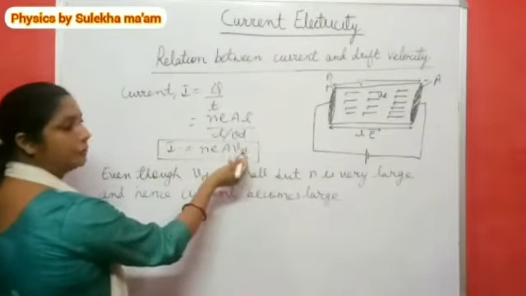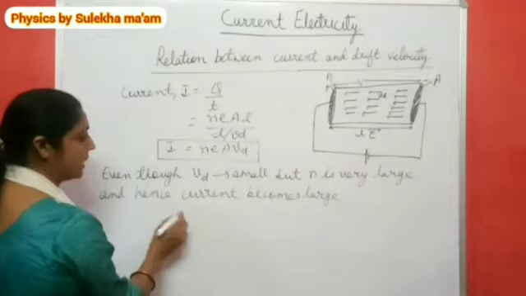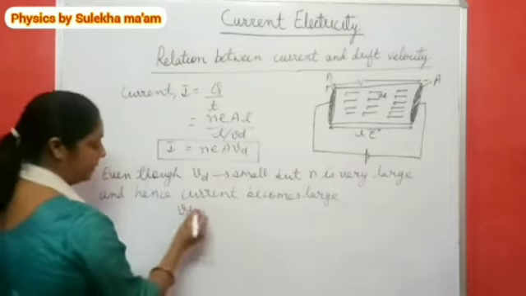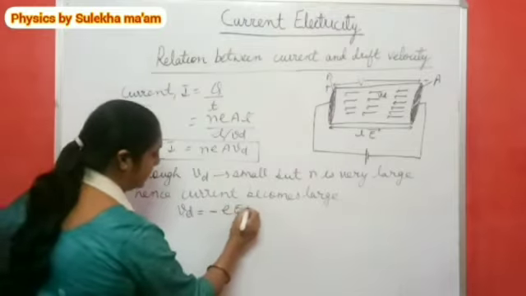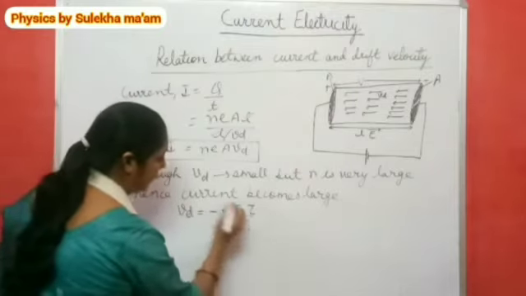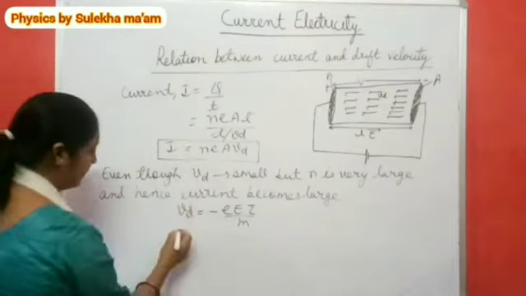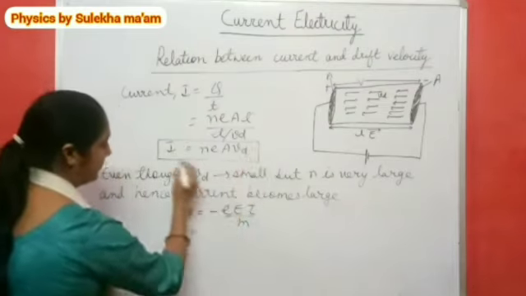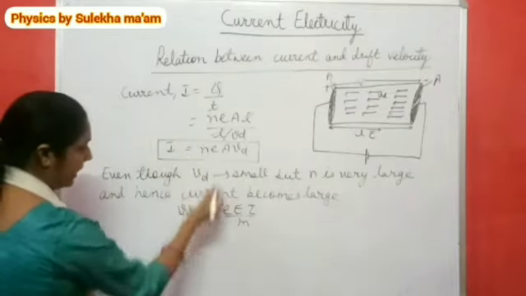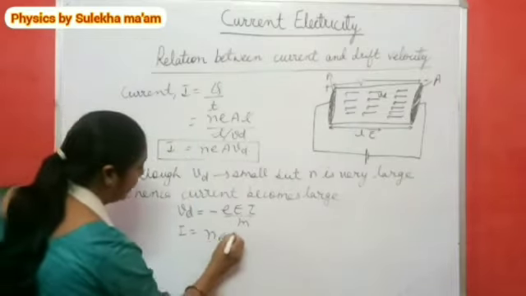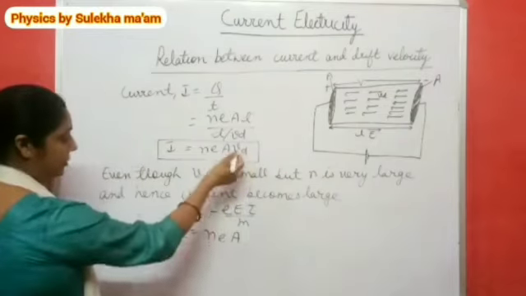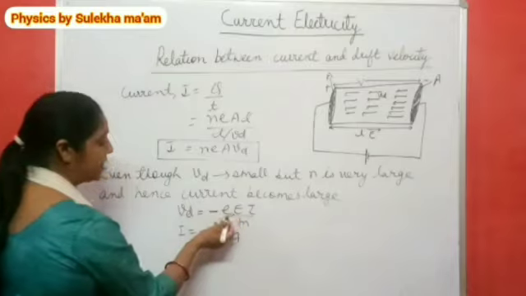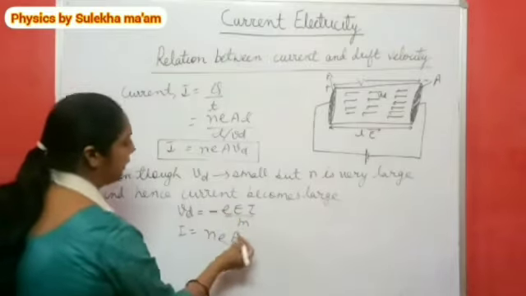And you also know the formula for Vd from the previous class. What did you get as the formula for Vd, drift velocity? Vd equal to minus E tau by M. So this is one formula for current. You can write another way also. NEA, you put the value for Vd. This negative sign shows the direction, so no need to put the negative sign.